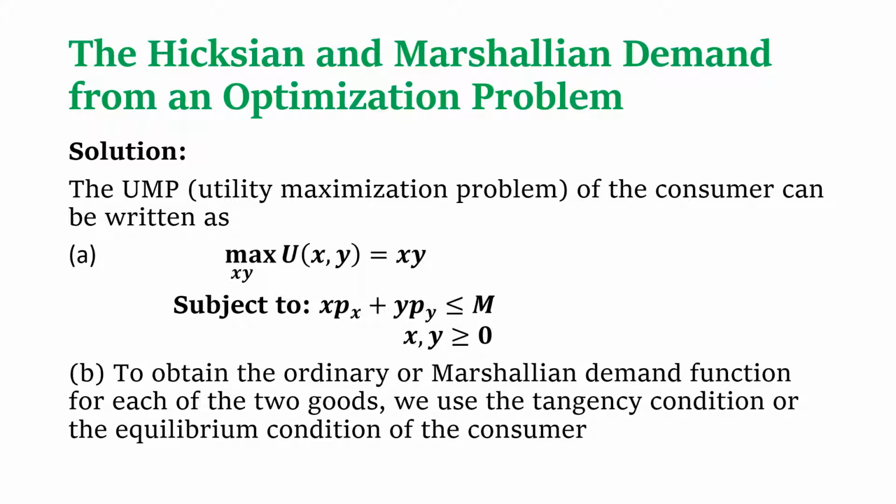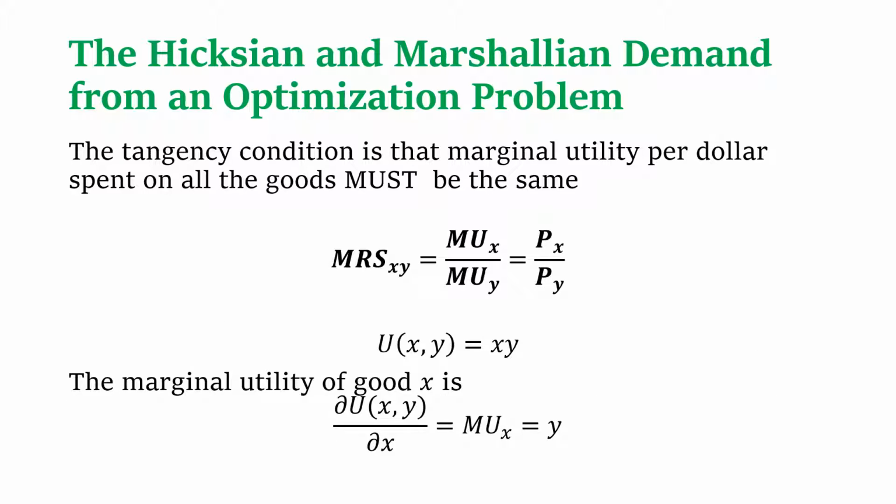So we are going to use that condition to obtain the Marshallian demand function. If you are able to know that condition, then you have solved the problem. So what is that condition? MUx over MUy equals Px over Py.